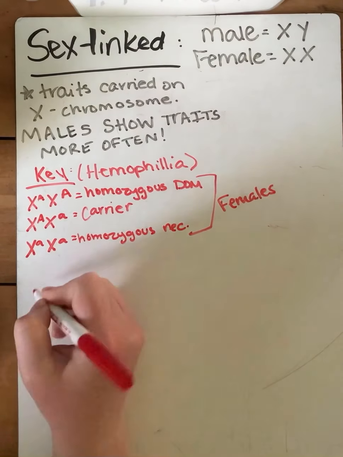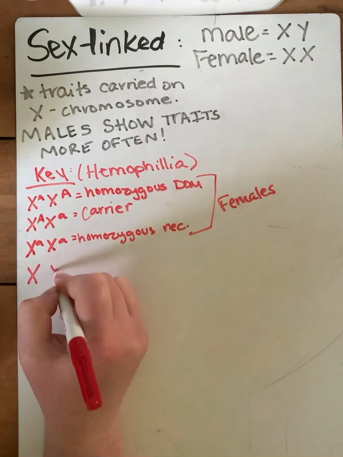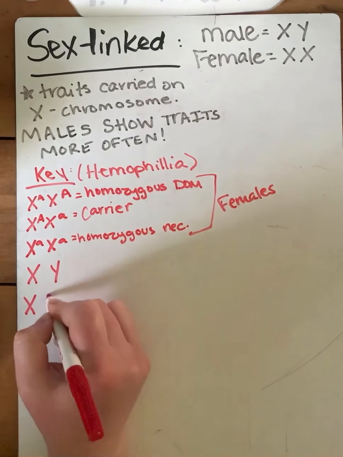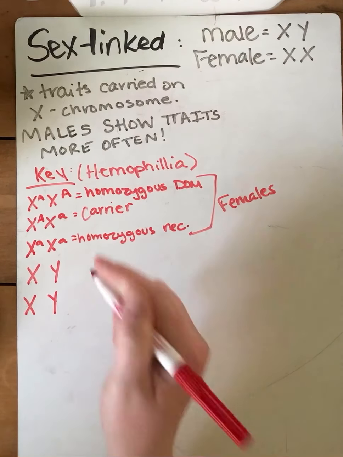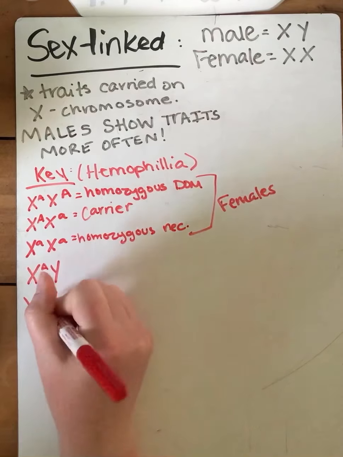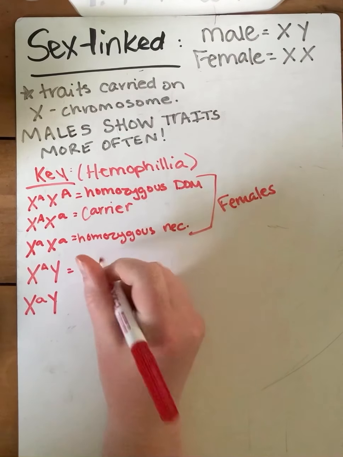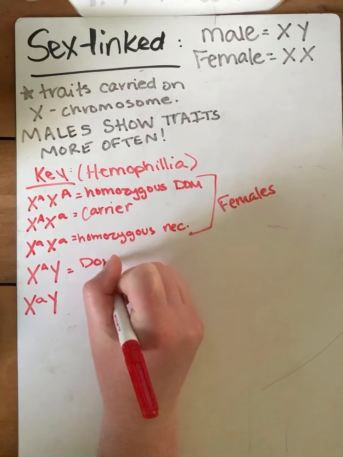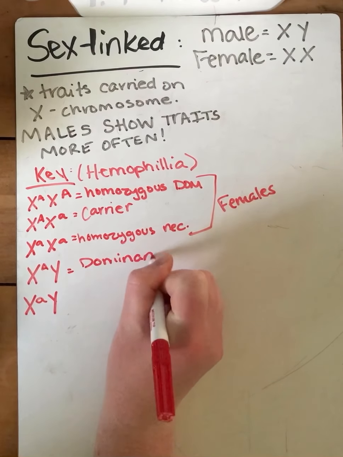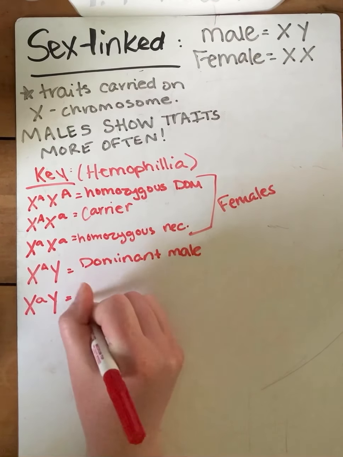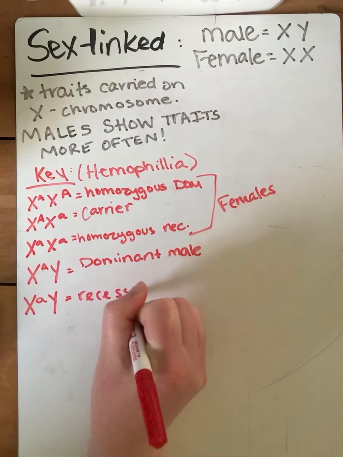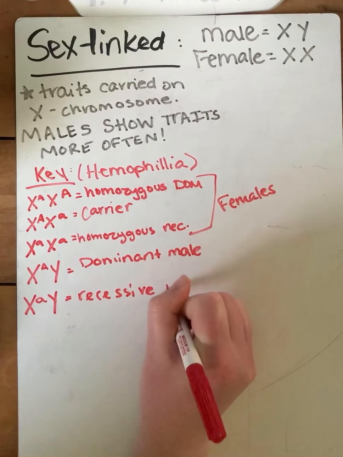Now, you can have two variations if you're a guy. Okay? You'll notice that there's only two different ways that you can be a guy. You can either get the dominant allele or the recessive. So you would basically be a dominant male or a recessive male.